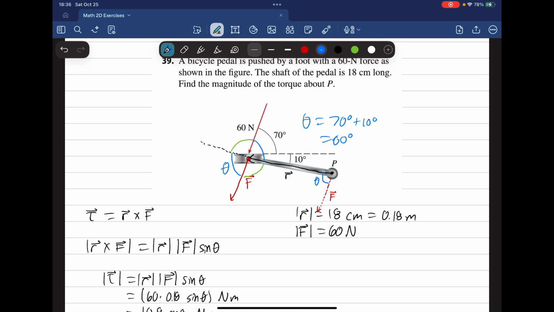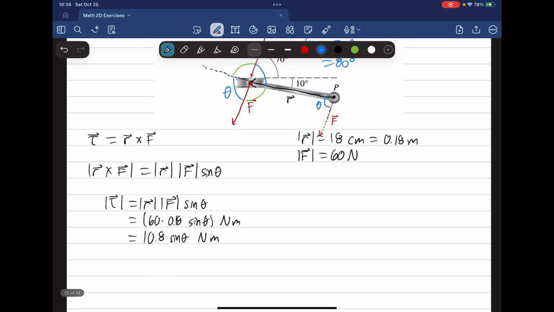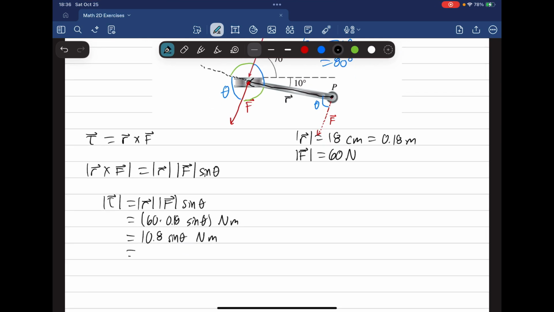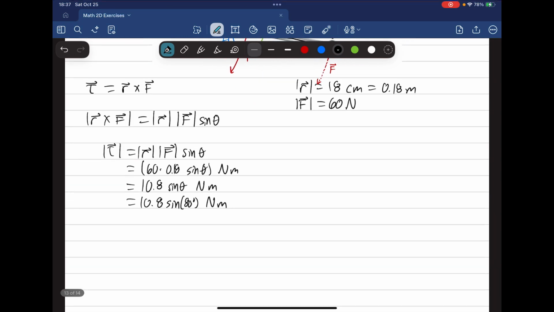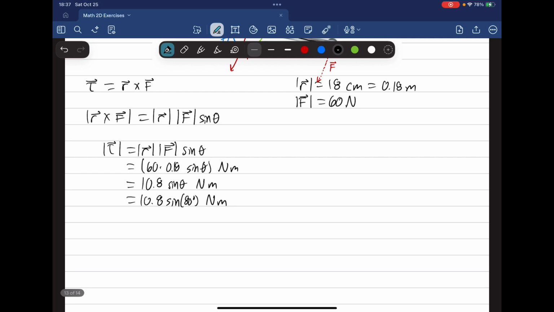And therefore, going down here, we can plug this in. And if you work this out on the calculator, my apologies, I forgot to calculate the sine of 80 degrees, so I had to do that really quick.